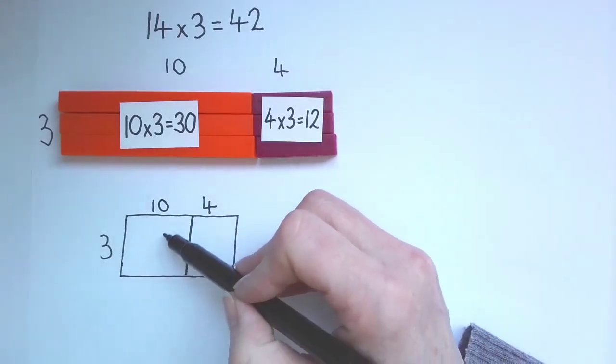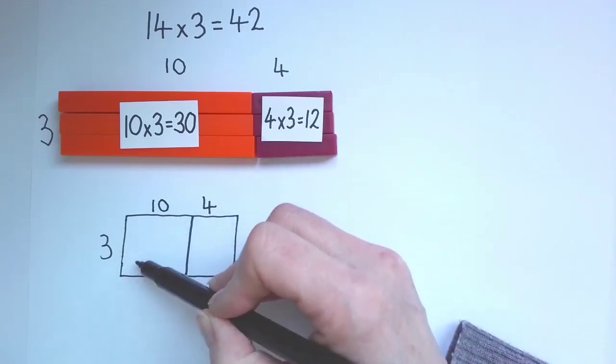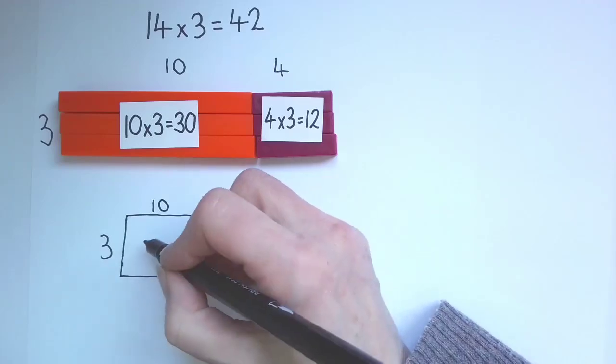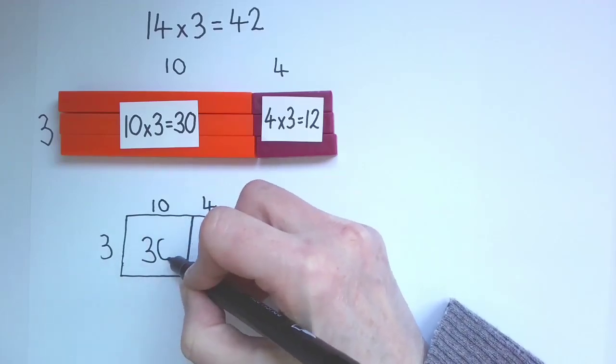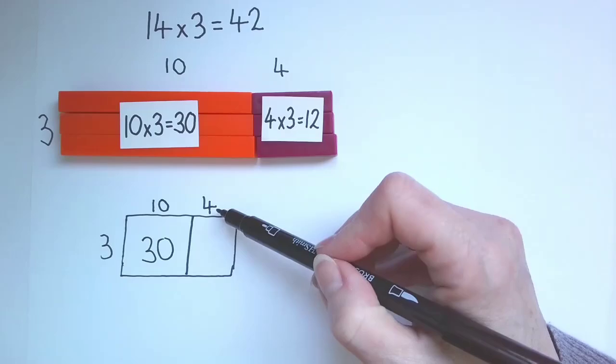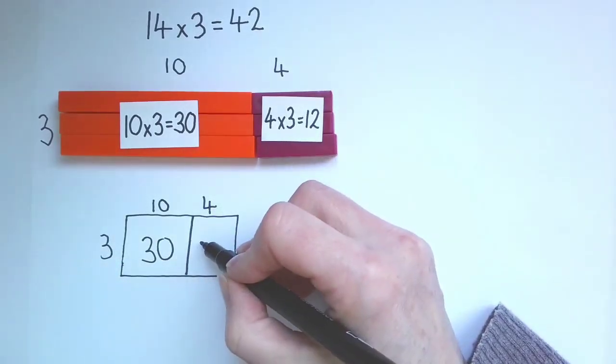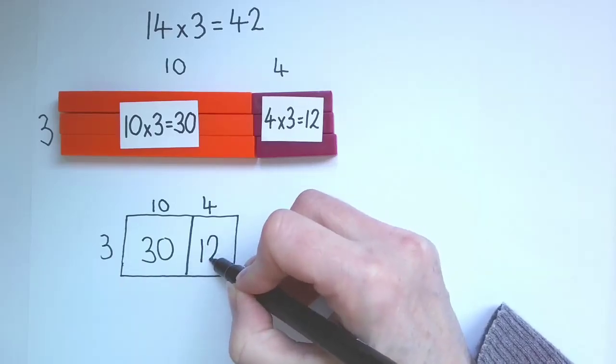So first of all, to work out how much I've got in my 10s part, I've got 10 3 times. 3 times 10 is 30. And in my 1s, I've got 4 1s 3 times. So 3 times 4 equals 12.